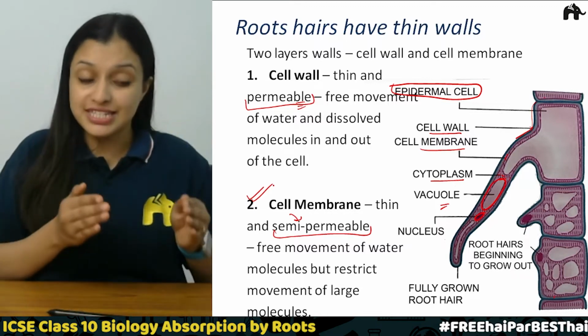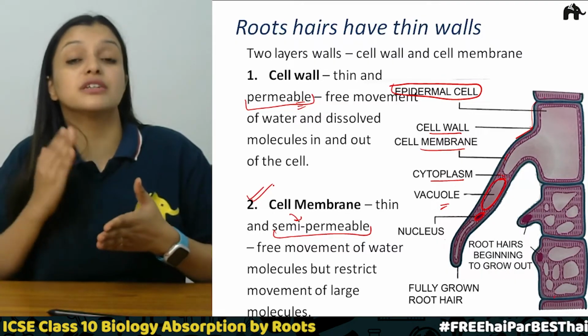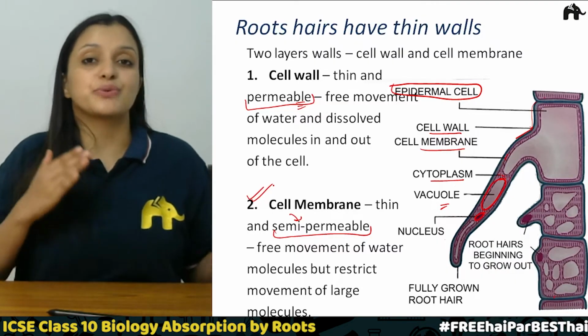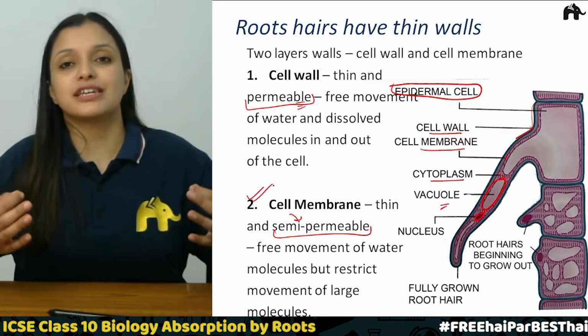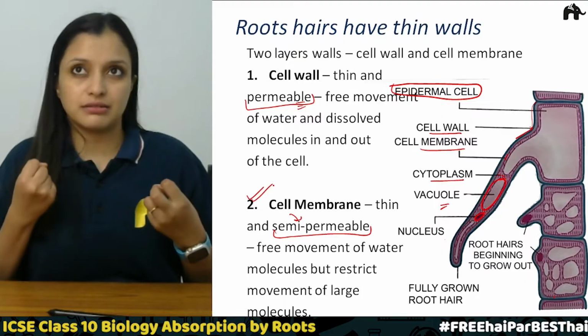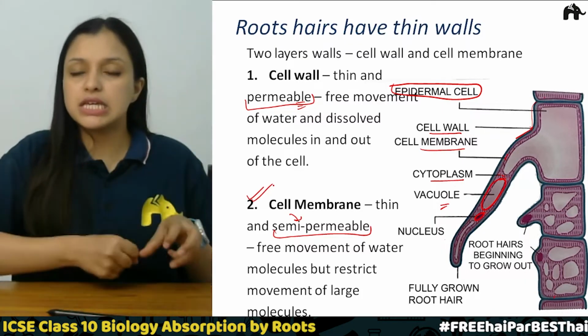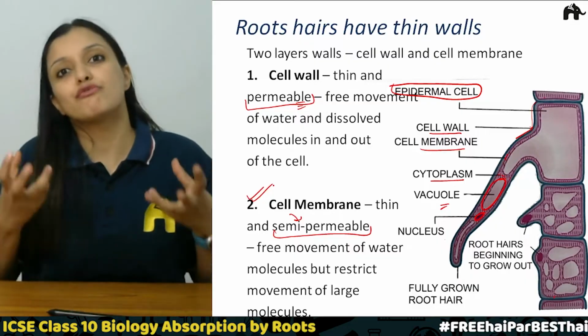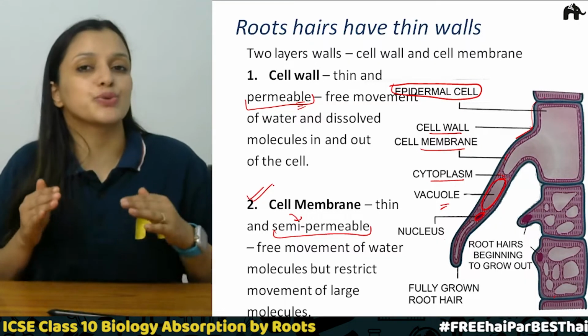So this cell membrane restricts the movement of some of the content from outside to inside the cell, and this creates a difference in the characteristic. So basically this is the secret of absorption of water, right? I hope these three points are clear to everyone.